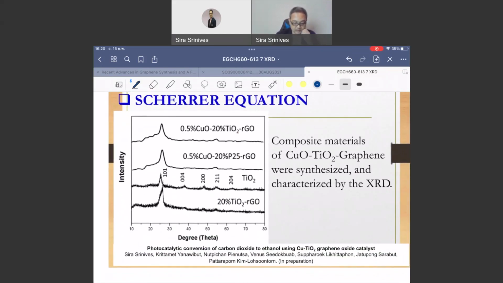To make sure you understand this better, I would like to bring data from my old paper on the composite material of copper oxide and titanium dioxide graphene.